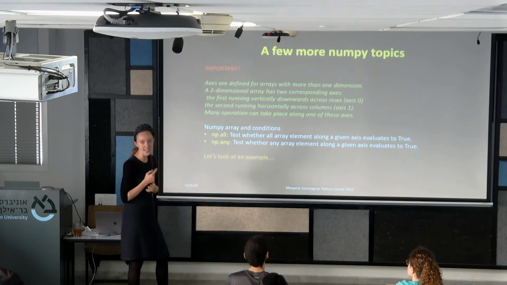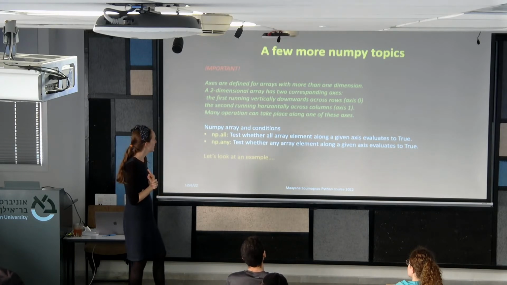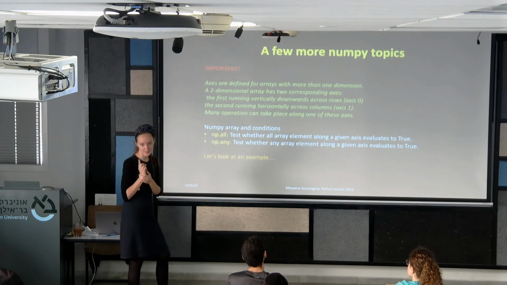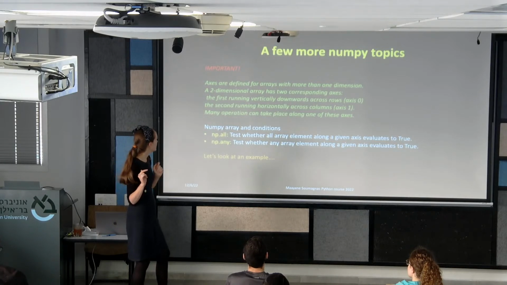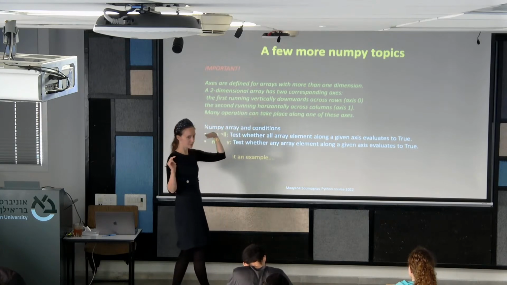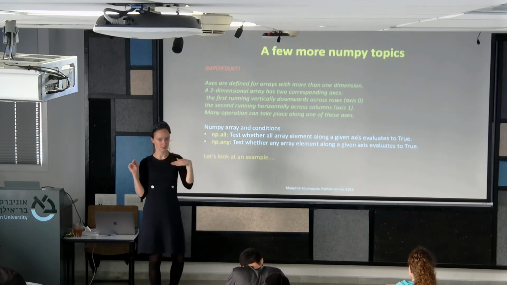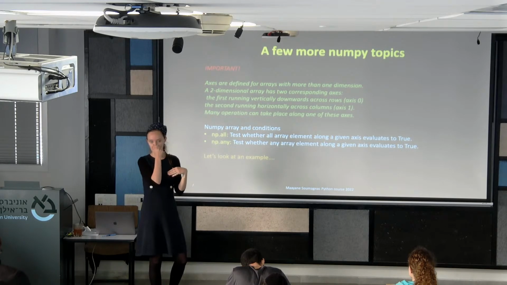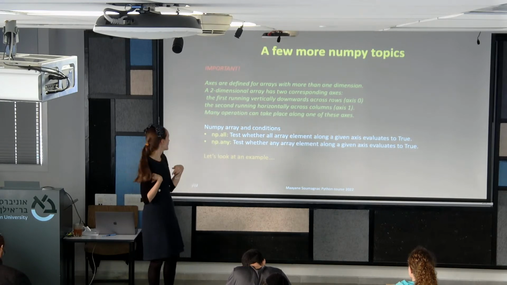So the first, axis equals 0, runs vertically. It's the columns. It's counterintuitive because we're used to indexing lines first and then columns. So axis equals 0 refers to columns. And axis equals 1 runs horizontally, so it runs along the lines. I'll show you an example in a second.